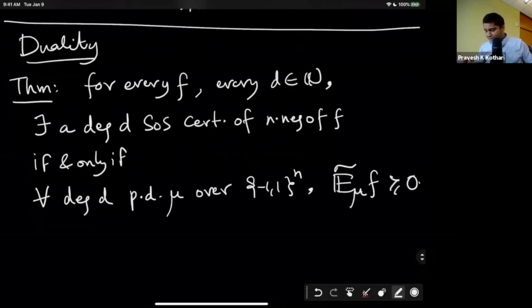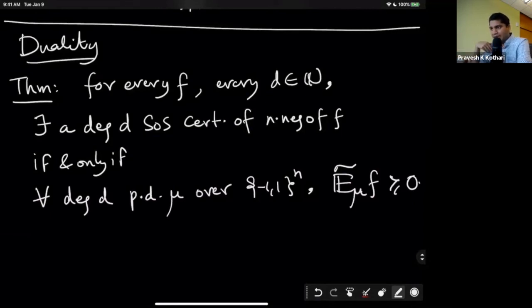So again, we'll take some time to parse this, and let's first try to justify why this is a duality claim. Let's take the contrapositive of this theorem. Suppose f does not have a degree d certificate of non-negativity.